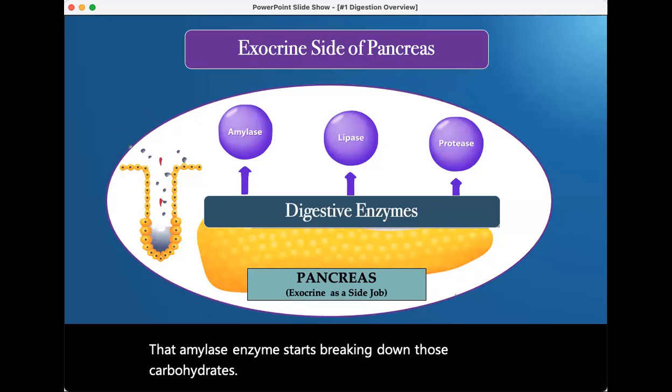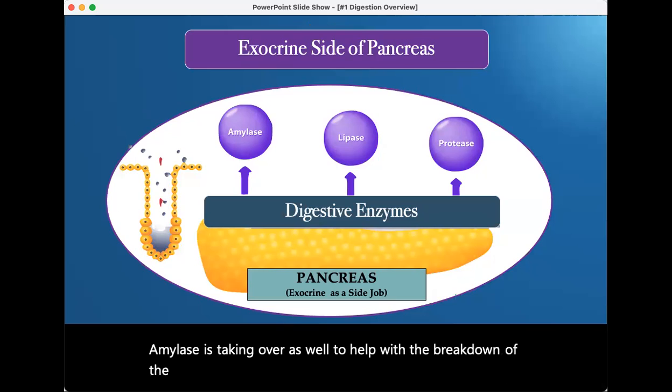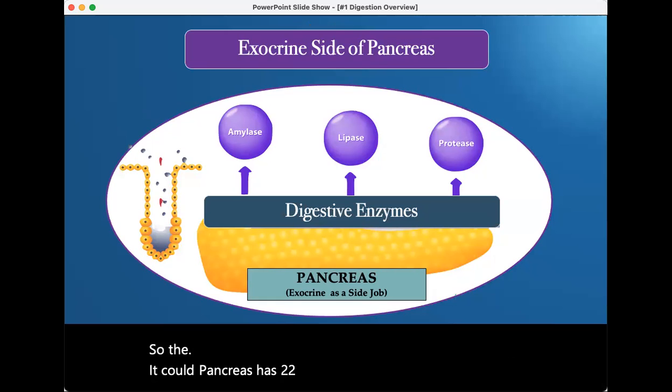So shifting down to the pancreas, amylase is taking over as well to help with the breakdown of the carbohydrates. The pancreas has two different jobs. It has an endocrine job, and it also has this exocrine as its side job.